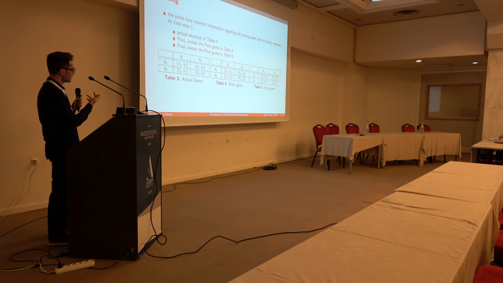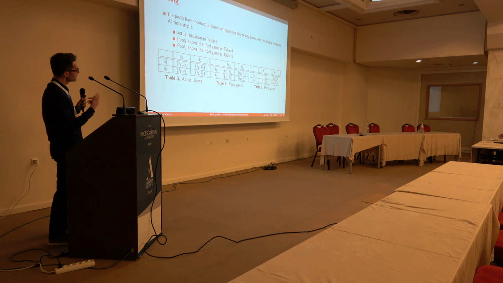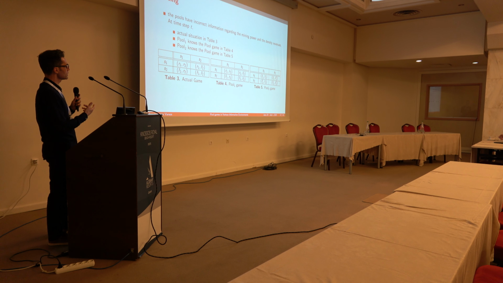In this case, pool 1 will pick the S1 choice. Similarly, pool 2 will choose the S1 policy. So the natural equilibrium here is S1. This is a pool game.